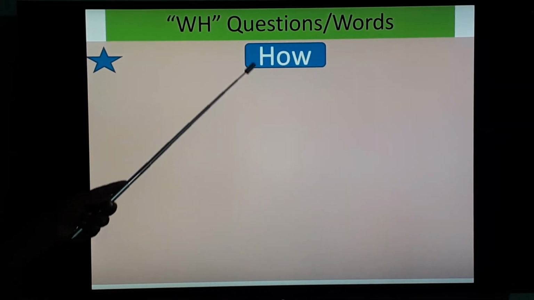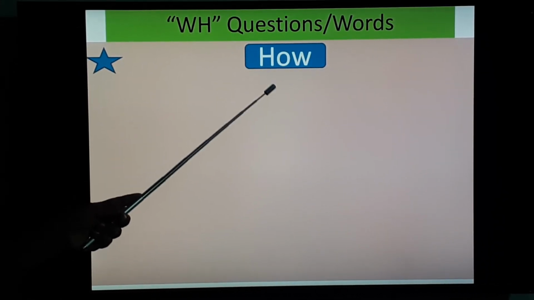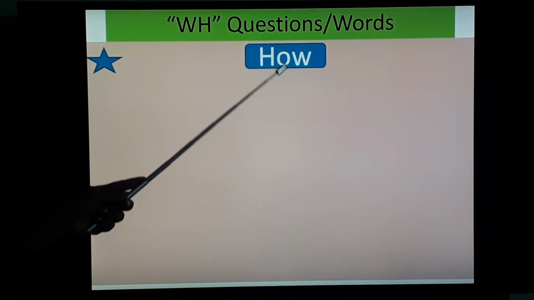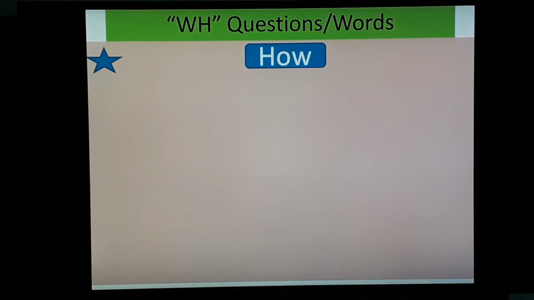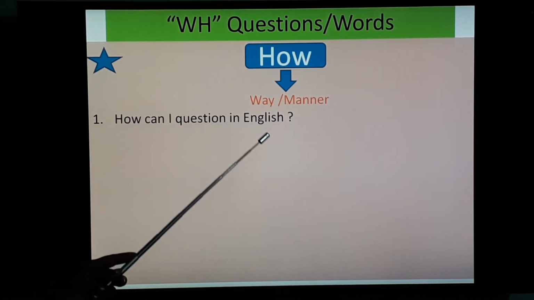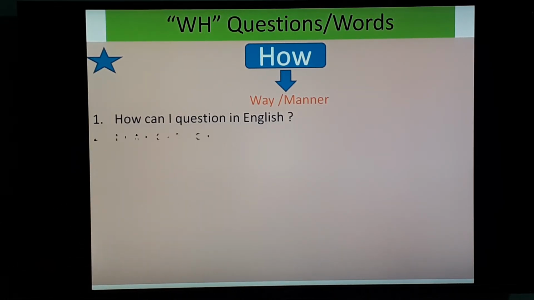Next is how. When you frame any question with how, you will get a way or manner in reply. First, how can I question in English? How old are you?